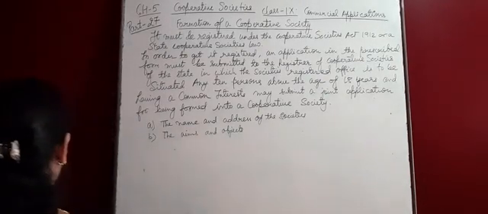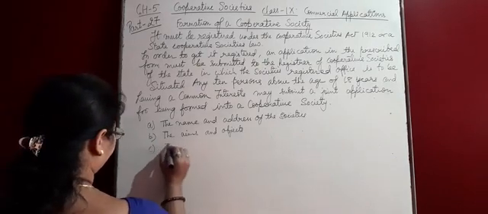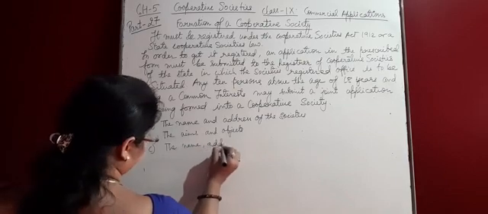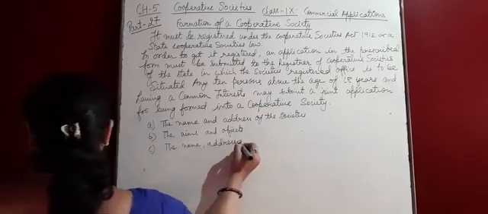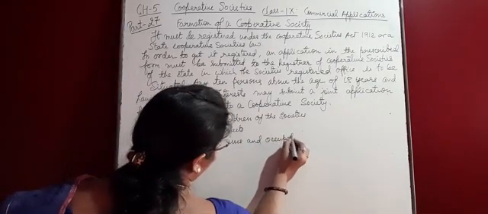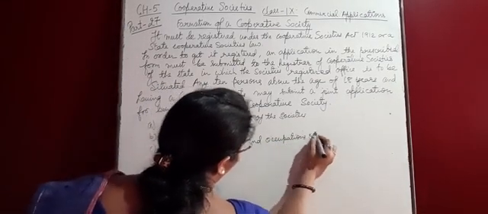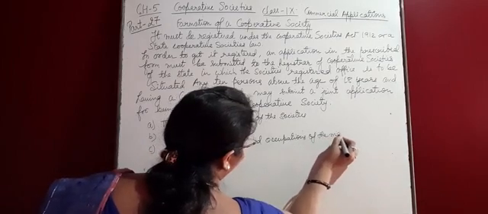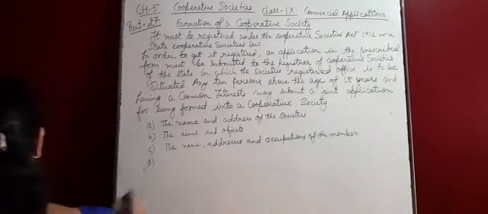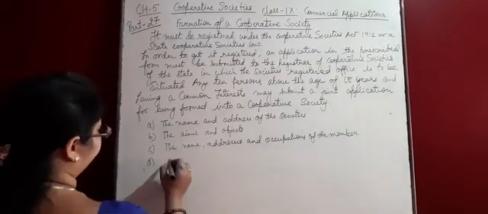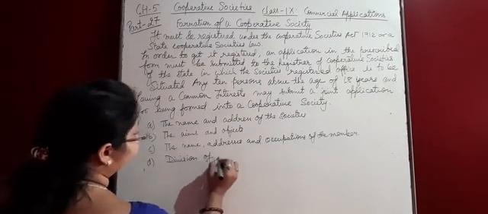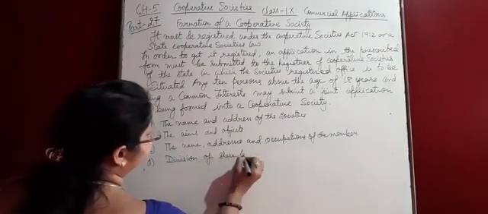The third one is the names, addresses and occupations of the members. The next point is division of share capital.